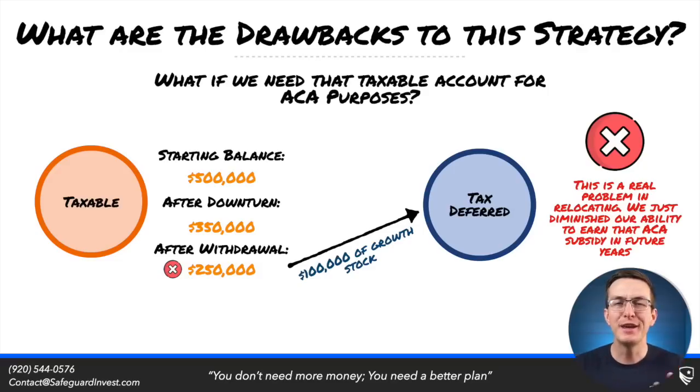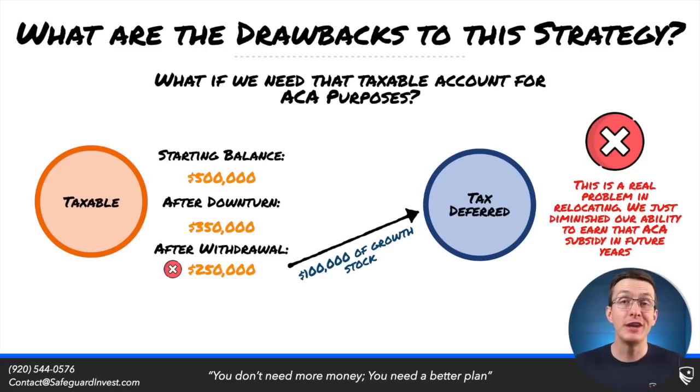The place that we can get into trouble with this relocation strategy is during, let's say, Affordable Care Act years. Let's say we are trying to use our taxable account to earn a big ACA subsidy for, let's say, a 5-year stretch, and we really don't have that much in Roth assets. Well, in this situation, we will want to withdraw everything from the taxable account to earn that larger subsidy, because in terms of the reported income formula, that taxable account won't be fully counted, whereas pulling a dollar from IRAs would be counted dollar for dollar.